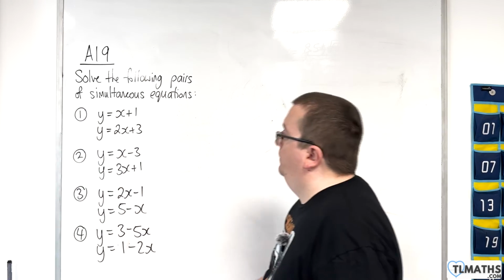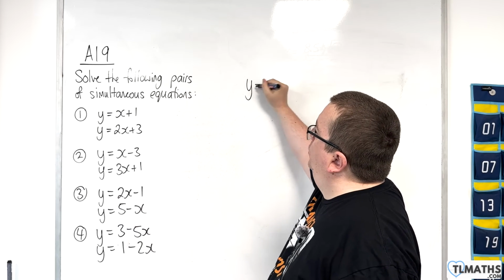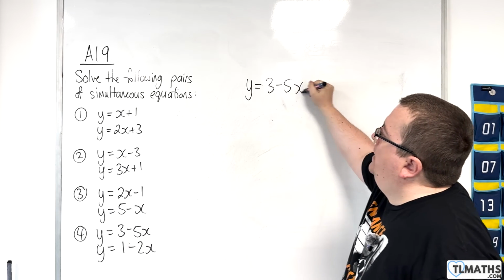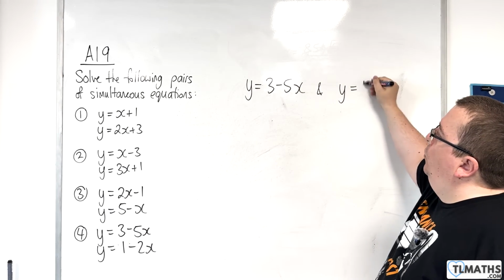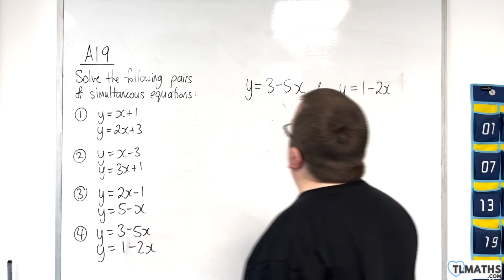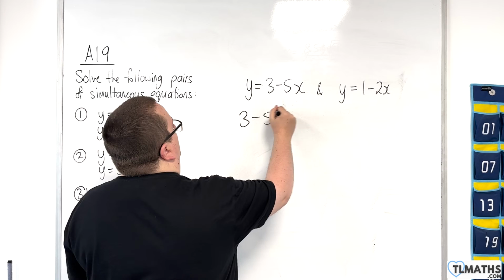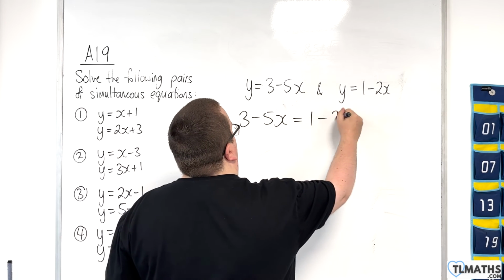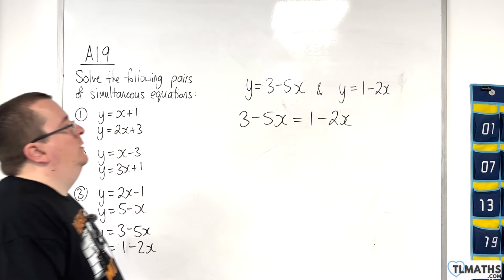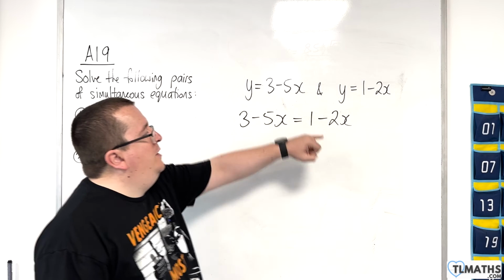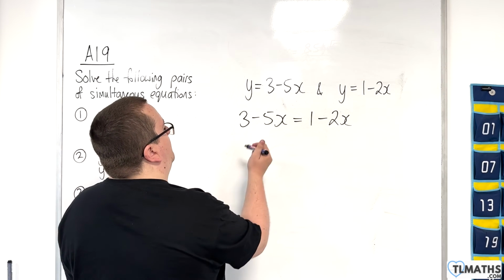And number 4, we have y is equal to 3 take away 5x, and y is equal to 1 take away 2x. So they're both y equals, so we'll put one equal to the other. So let's add 5x to both sides so I can get a positive number of x's.